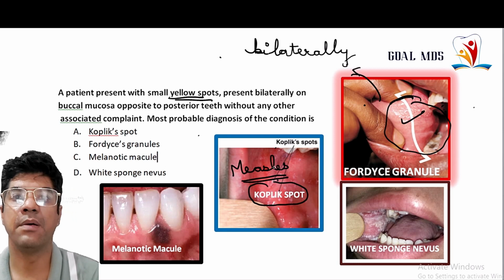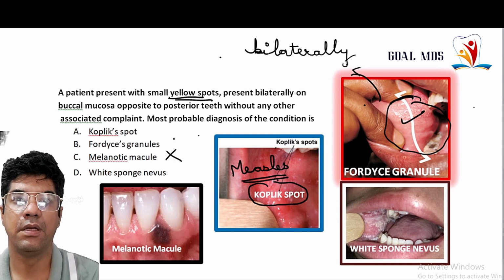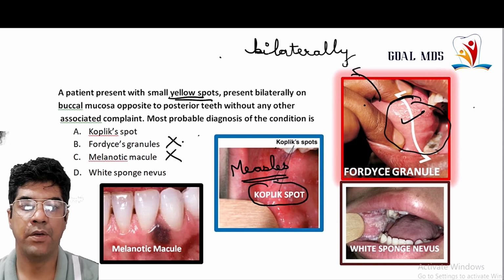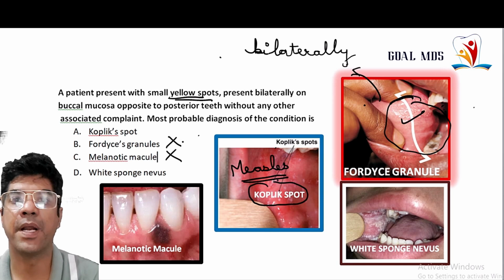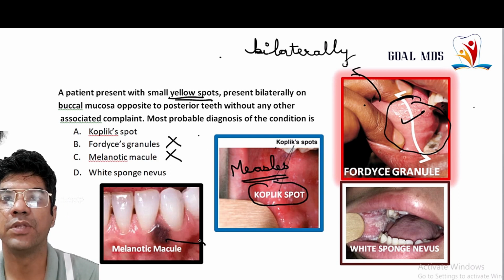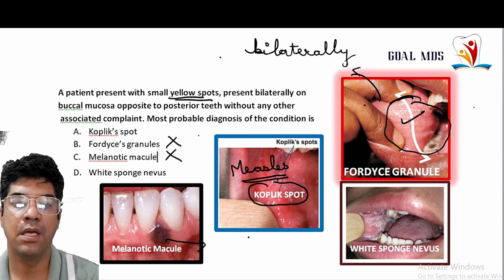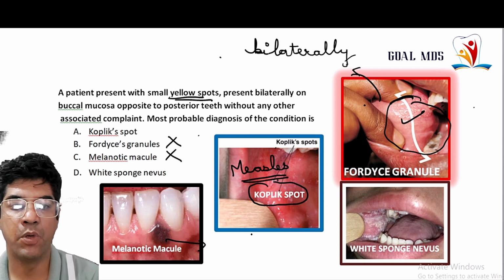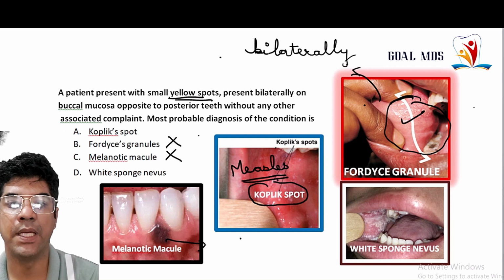The next is the melanotic macule. Melanotic macules are flat brown to blackish lesions, so their coloration is different. They are present on the skin or mucous membrane and they are not yellow in color.